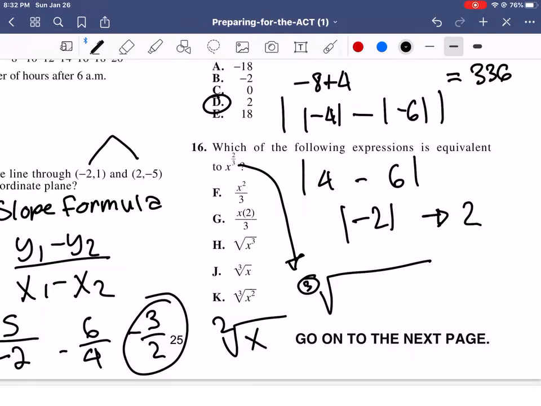Square root of x can also be written as x to the power of 1/2. So if that goes there, then this goes here: cube root of x to the second power. It's K.